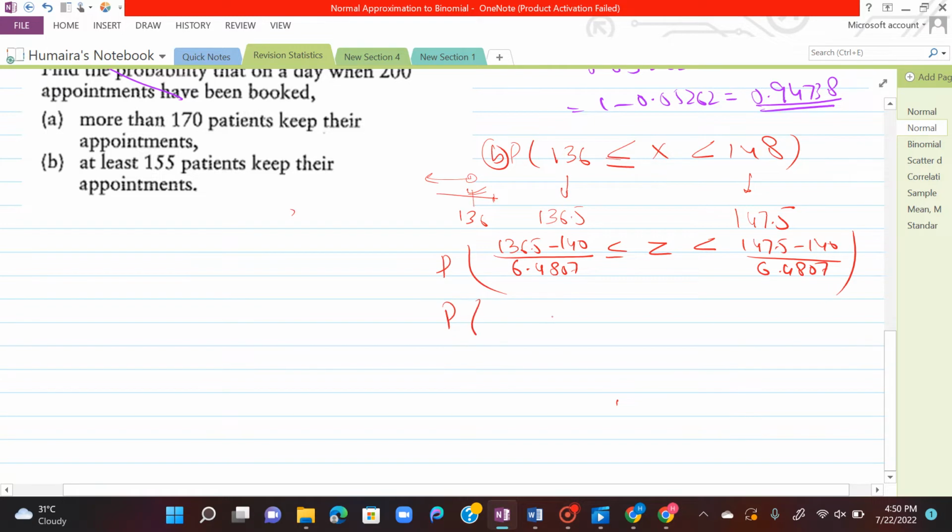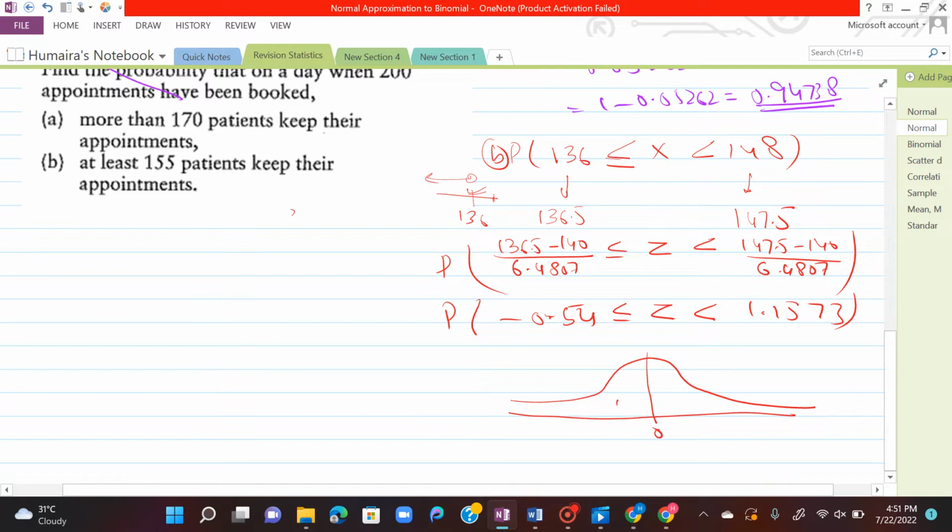That turns to minus 0.54 and 1.1573. So basically, as I said earlier, never do a normal distribution question without making a sketch. So this is 0, a minus value means on the left side, minus 0.54, and this is 1.1573. I need to find this area in between.